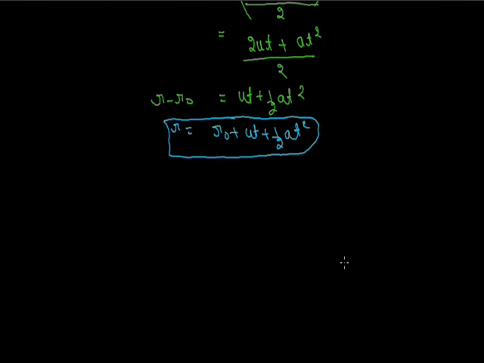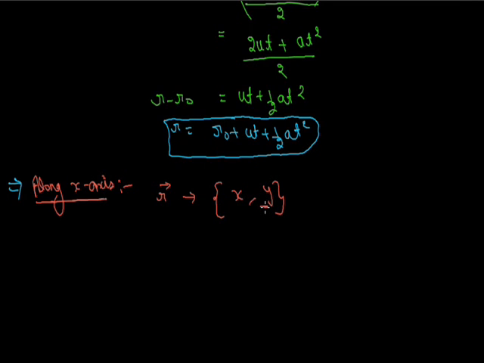Now we can write this in terms of components, along the x-axis and along the y-axis. First is along the x-axis. Here this vector r is formed with two components: along the x-axis its distance is x, and along the y-axis its distance is y.